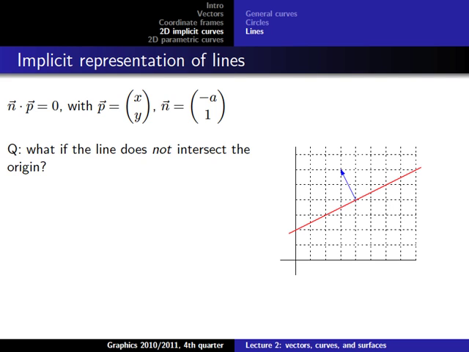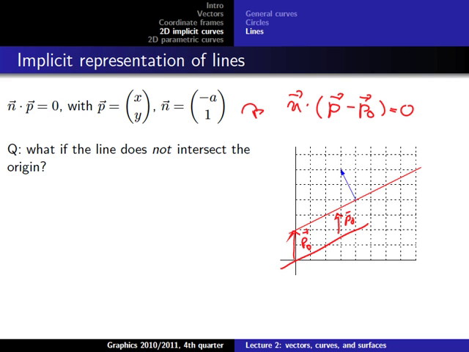And the idea is basically, this formula becomes n times (p minus p0) equals 0, and this p0 is basically just this vector here. So it's basically just take the line and move it over here.